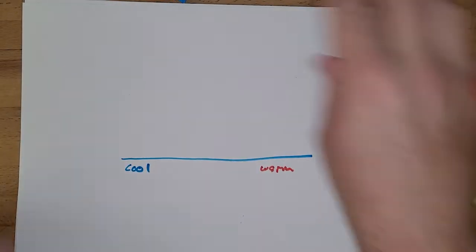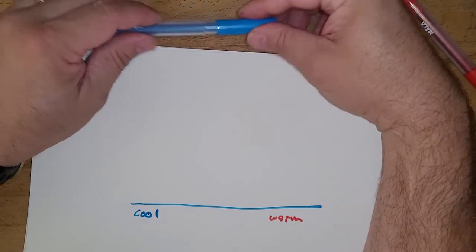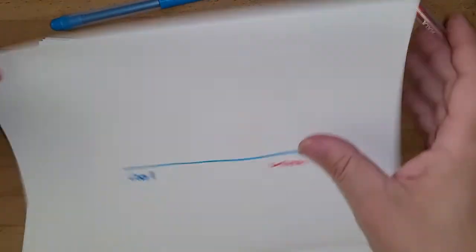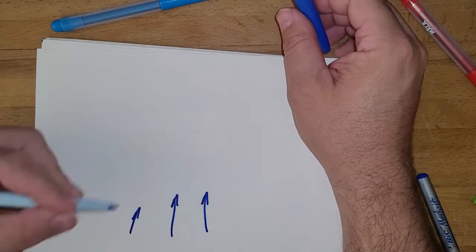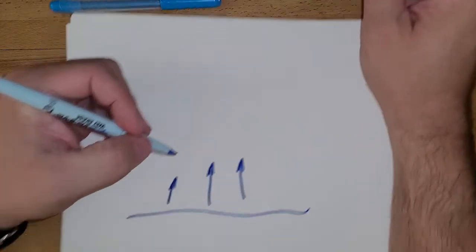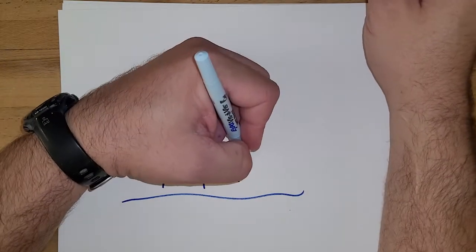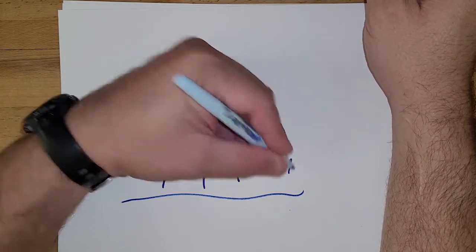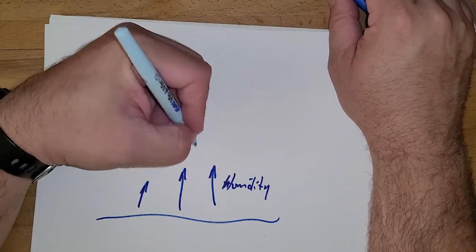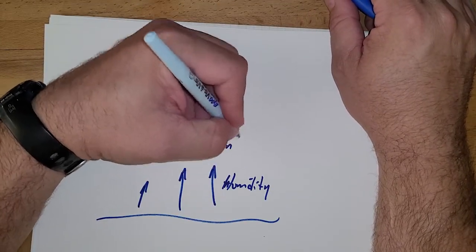As the air rises in a tropical storm, one of the features that really keeps this going is the humidity. If we have humidity, then that's going to lead to condensation.